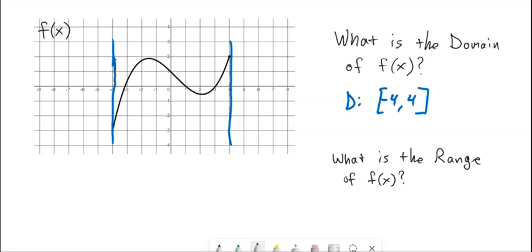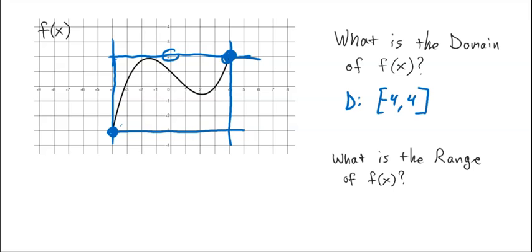We can do the exact same thing with the range, only vertically. We go to the highest point, which is right here, and the lowest point, which is right here. These lines contain the whole graph, with the highest point being here and the lowest point being here.